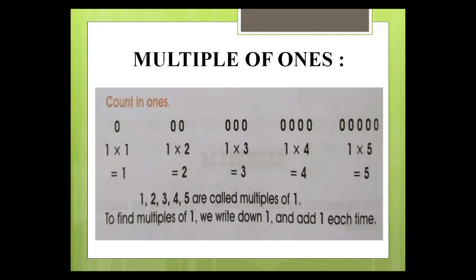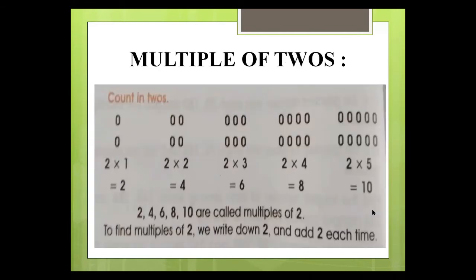Now we go forward towards the multiples of 2. Here you see the multiple of 2. In the previous example, we just discussed the multiples of 1, so in that example we only had a single row. Now here we have 2 rows because we are discussing the multiples of 2.